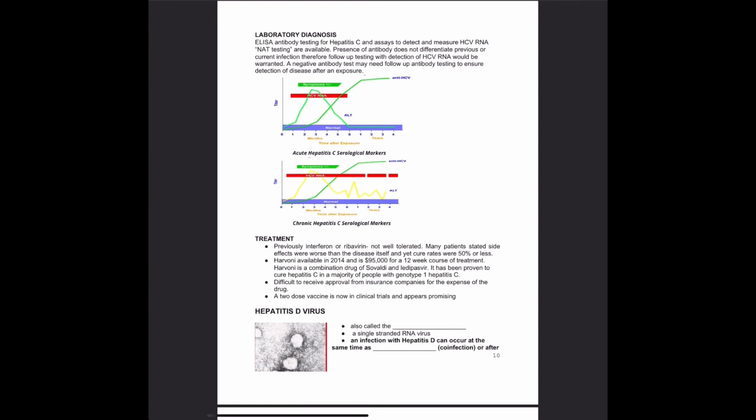So diagnosing in the lab: ELISA antibody testing for hepatitis C and assays to detect and measure hepatitis C RNA are available. Presence of antibody does not differentiate previous or current infection. Therefore, follow-up testing with detection of hepatitis C RNA would be warranted. A negative antibody test may need follow-up antibody testing to ensure detection of the disease after an exposure.